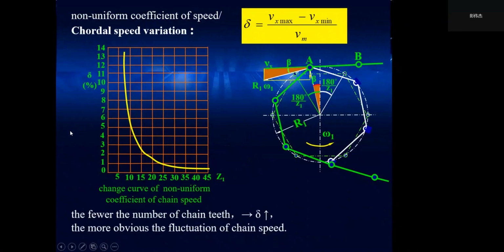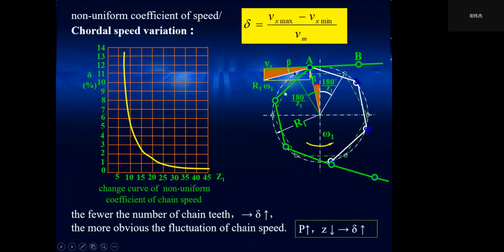The vertical axis is the chordal speed variation, and the horizontal axis is the number of teeth Z. We can say that the fewer the chain teeth, the higher the delta. The chordal speed variation will increase when Z is decreased, and the fluctuation of chain speed is more obvious.